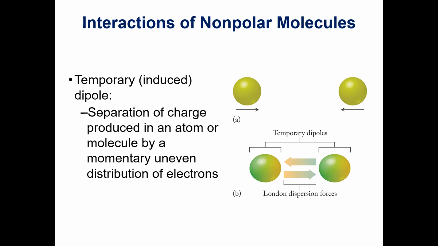If we put something that is charged into a substance made up of nonpolar molecules, we will induce a separation of charge and cause a momentary uneven distribution that gives us those partial positive and partial negative charges.